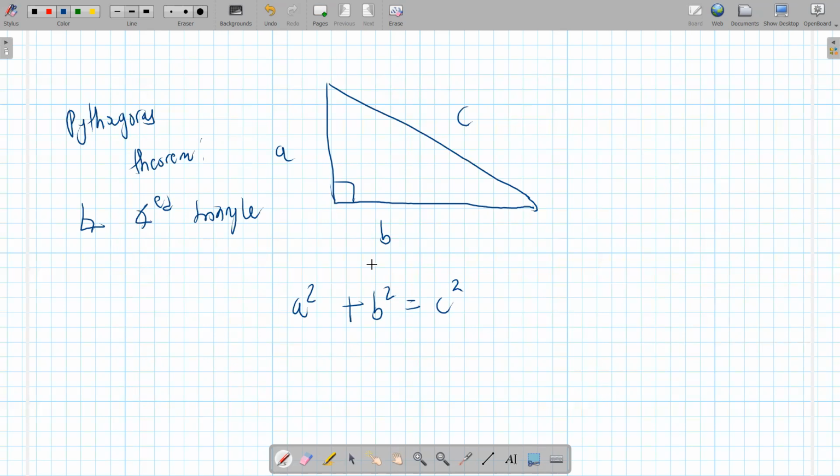Now, what does that mean? Let's look at a quick example. If A is 3, if B is 4, what would C be?